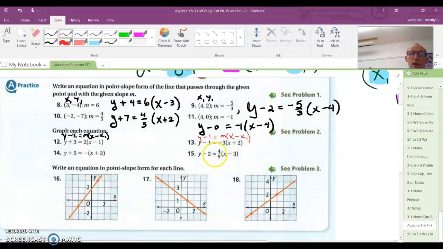So we need to recognize what's x1, y1. What's the point, and what is m equal? What's the xy, and what does m equal? And the last one, what is the xy, and what does m equal? Let's get this done first.